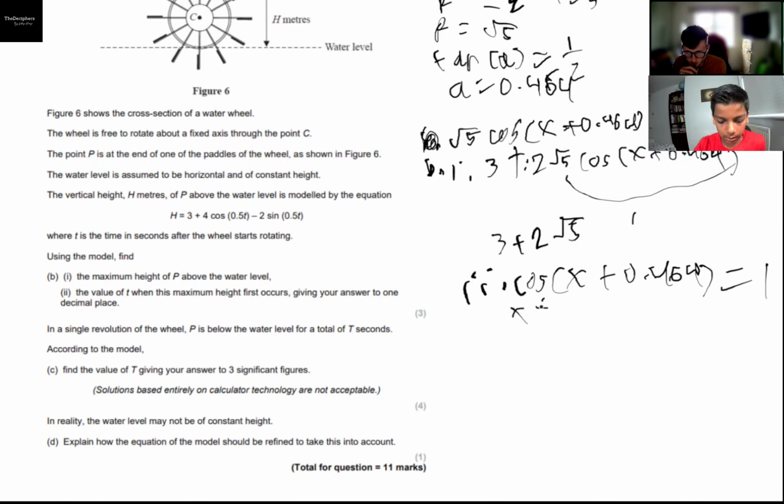So x plus 0.464 is, and then shift cos of 1, that's, I think, 0 degrees, because for sine it's 90. It would be a 0, but then if it was a 0, what would?